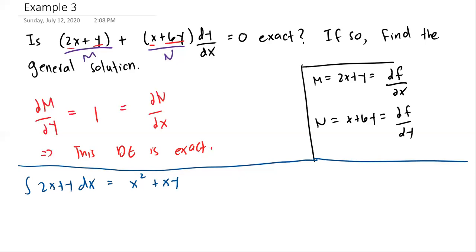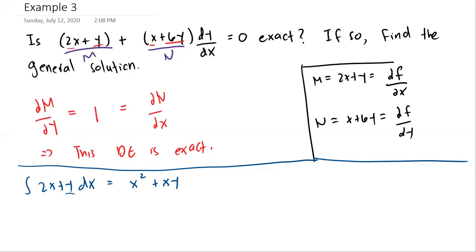Why do we get xy? Remember that y is a constant, so the integral of a constant is just that constant multiplied by the independent variable. For our purposes, whether it's partial derivatives with respect to x or integrals with respect to x, the other variable is always a constant.